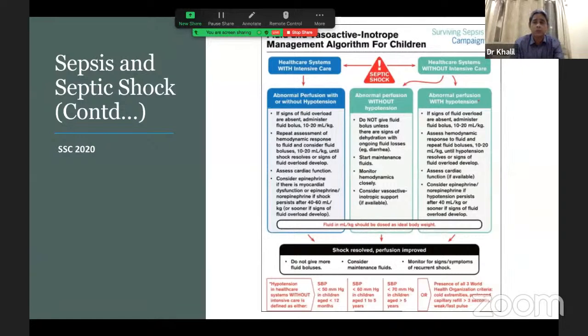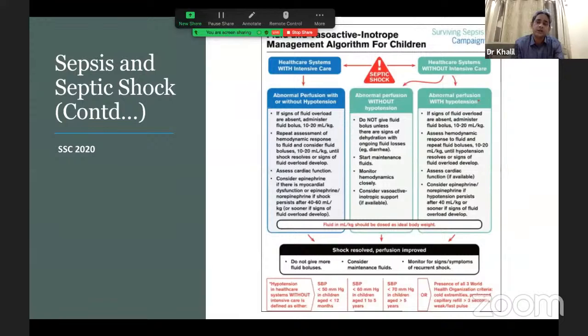Most of us are fortunate to work in tertiary level centers, but some of our friends work in challenging conditions and have to handle a very huge caseload. In those scenarios, these guidelines give them the algorithm for what they need to do. Let me start with the healthcare setup without an intensive care.